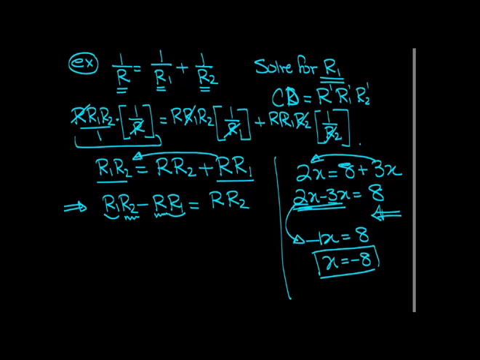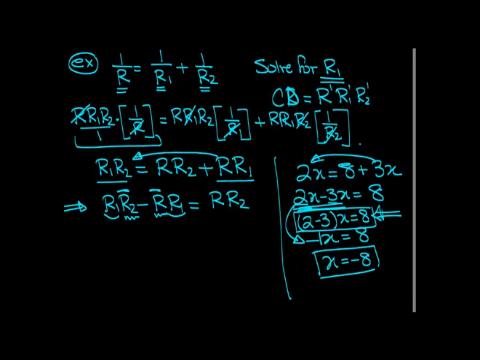To go from this step to this step, what we really did is, if you notice, what's common in these two terms is an x, so we took an x out. So we are left with 2 minus 3, and 2 minus 3 is minus 1. That's how we got that. But we don't usually do this step because it's very trivial, since we can do it in our head. 2 minus 3 is minus 1. But in this case, since we do not know what R2 and R are, we have to do this step.